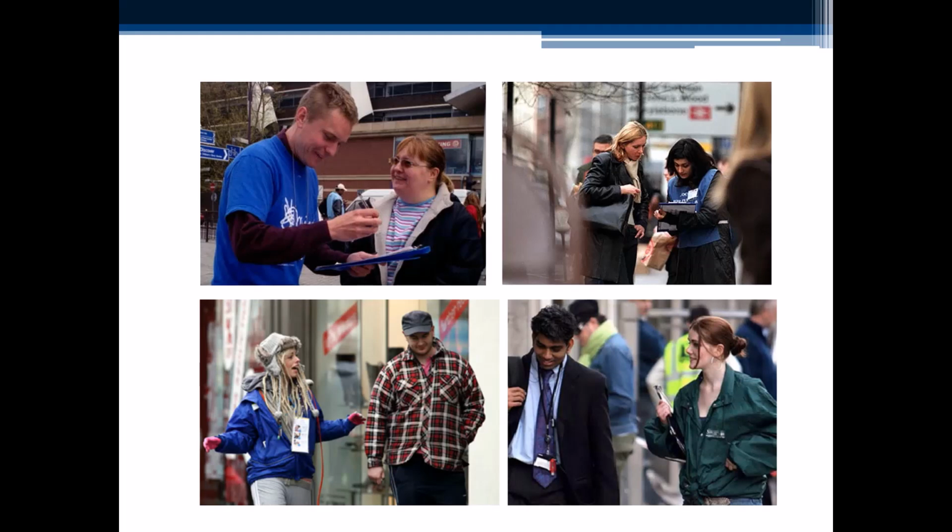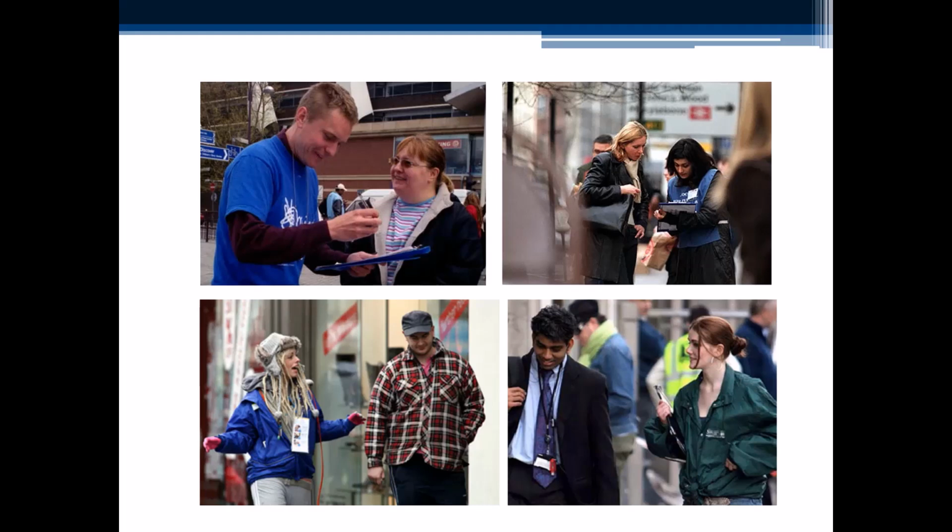We know in reality, though, if we conduct observational research, that the vast majority of people aren't really friendly to charity workers. The vast majority of people will try to avoid them, ignore them altogether, walk past them, and not really pay much attention to them. So observational data will show a more accurate estimate or indicator of the way people actually respond.